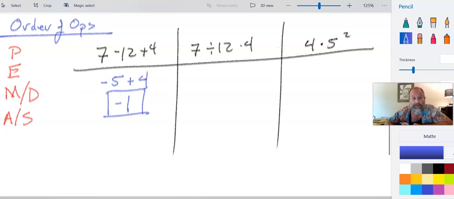Now, second one. If you multiply the 12 and the 4 first, that's the wrong direction to go. You won't have the correct answer. But the first operation here, because division and multiplication are the same thing, the first operation that shows up is going to be the first one you do. So 7 divided by 12.